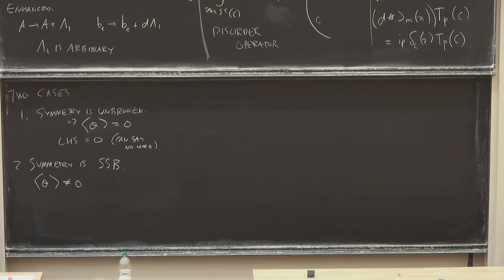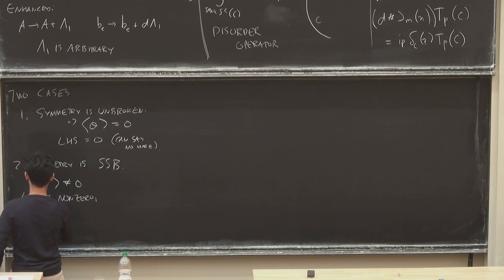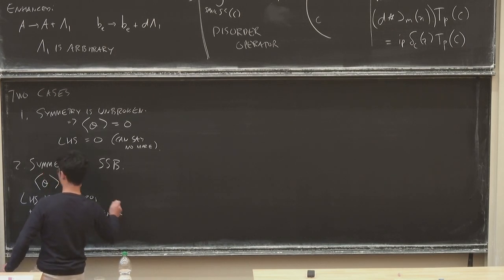The left-hand side is not 0, and it also does not depend on the radius of the ball, right? It doesn't because the right-hand side doesn't. So that means that the left-hand side is both non-zero and does not depend on R.